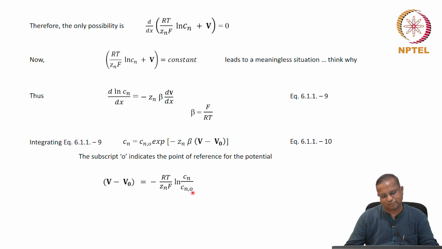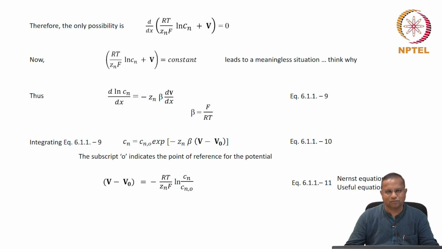Have you seen this equation earlier? I'm sure you have. Let me number it, 6.1.1-11. This is the Nernst equation. I'm sure you recognize this equation.